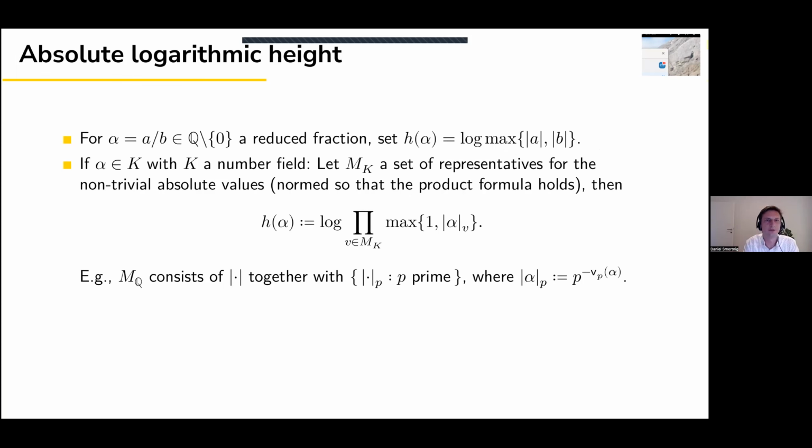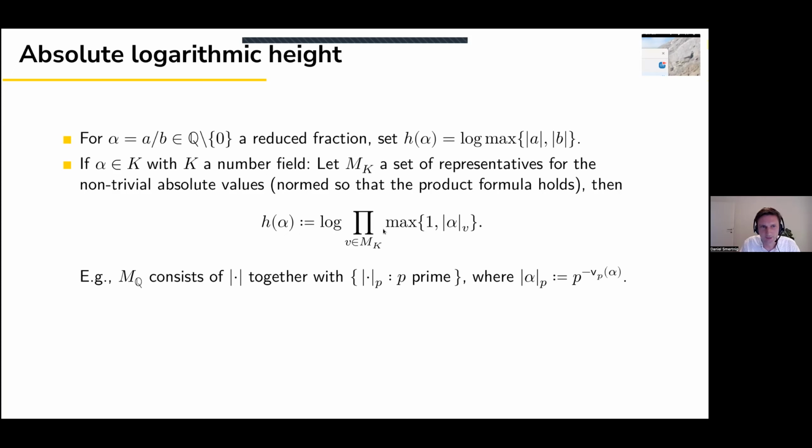And more generally, if one has a number field, one has to fix a suitable set of representatives for the non-trivial absolute values. And then one defines it as this a priori infinite product over all absolute values of the maximum of 1 and the absolute value of this number alpha, and then the logarithm of this product. The absolute value is less than or equal to 1 at all but finitely many of these places. So this is in fact a finite product and well defined.